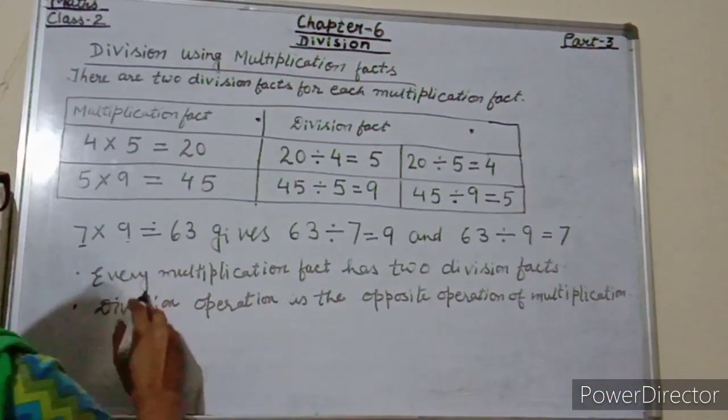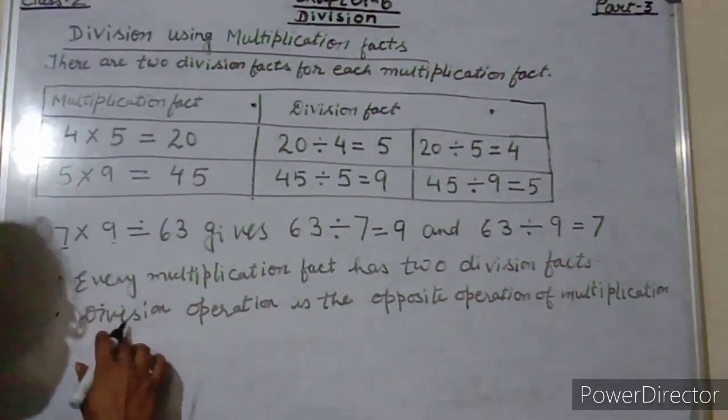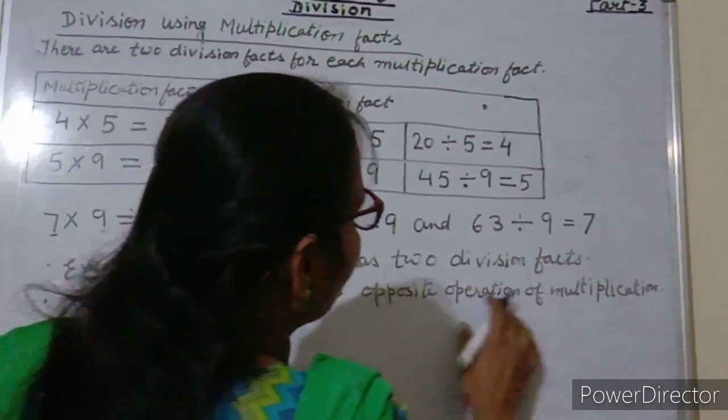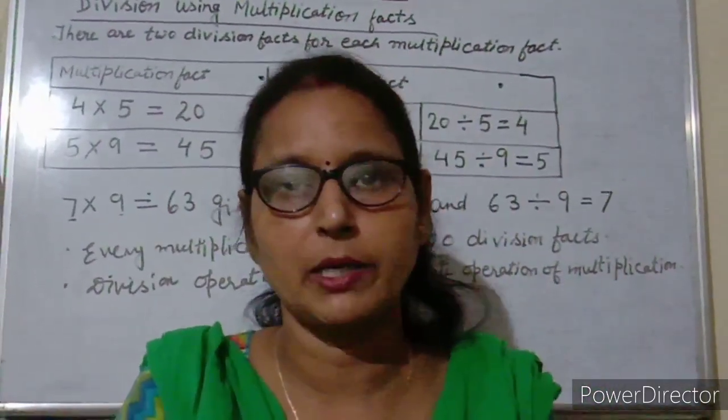So students, every multiplication fact has two division facts. Division operation is the opposite operation of multiplication, or you can say division is the inverse of multiplication.